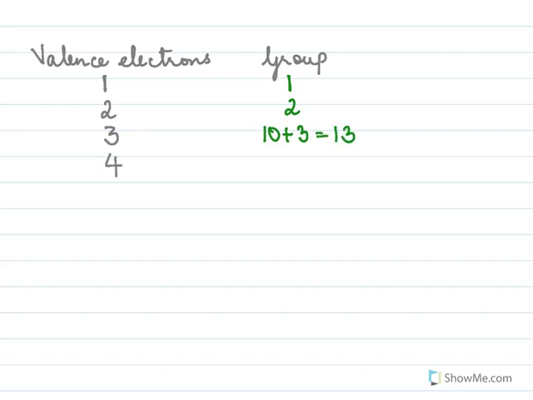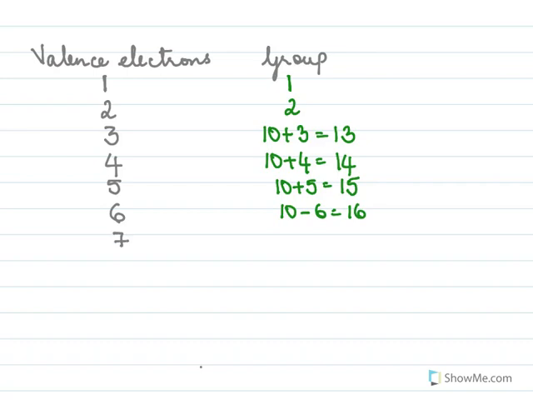If it is 4 valence electrons, it belongs to 10 plus 4, that is group 14. If it has got 5 valence electrons, it belongs to 10 plus 5, and this is 15. 6 valence electrons, it belongs to 10 plus 6, the 16th group.